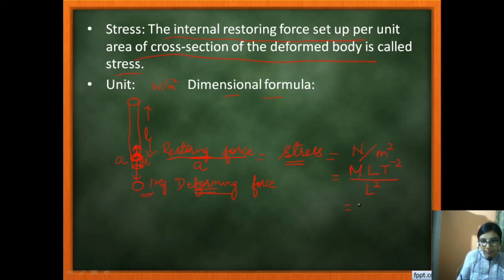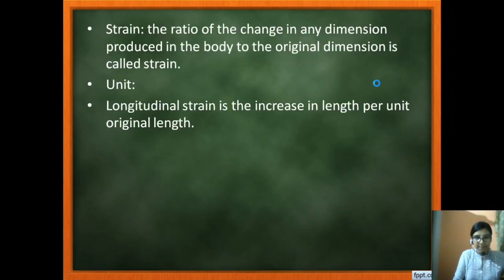That gives M L to the power 1 minus 2, that is minus 1, T to the power minus 2. This is the dimensional formula of stress. So let's write it here: the dimensional formula of stress is M L to the power minus 1 T to the power minus 2. So we are clear till here. Now let's move to the next slide.